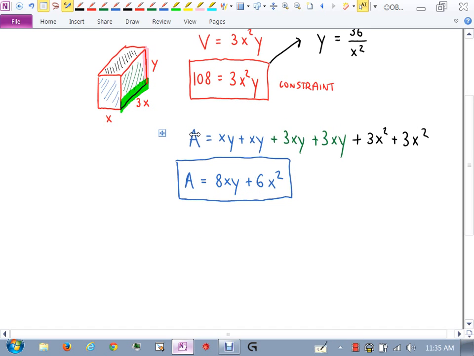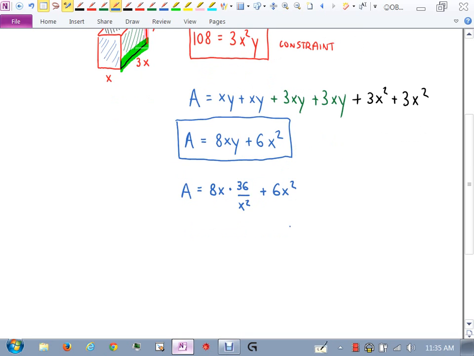So what I'll do now is I'll rewrite this as 8x times 36 over x squared plus 6x squared. So my area is now a function of only one variable. It is 8 times 36, which is 272, is that right? 8 times 36?